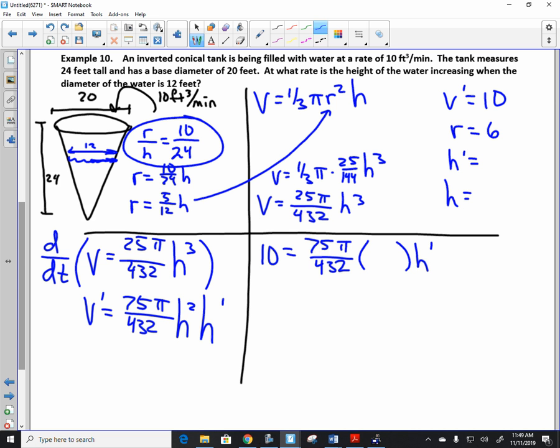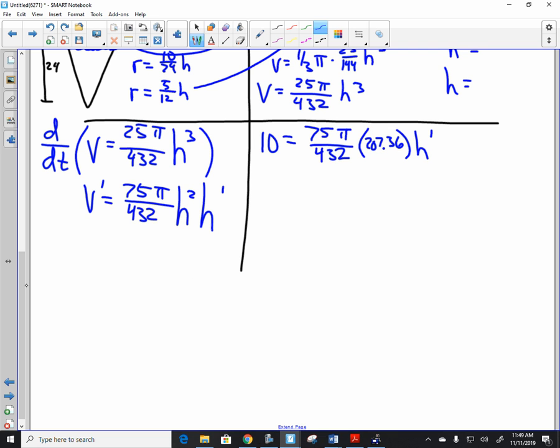Squared? 207.36. I now have enough information to solve.